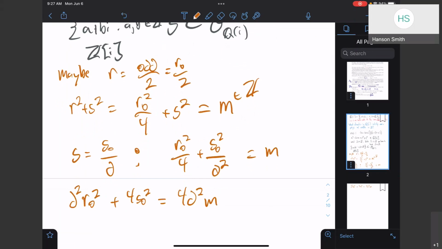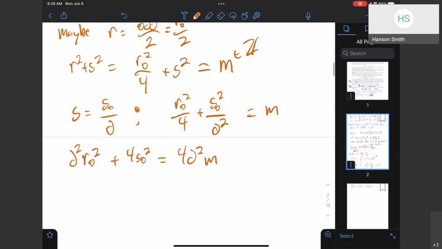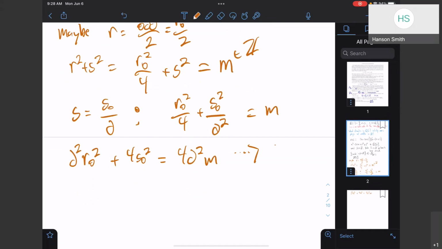So I know r naught is odd. So if I take this whole thing mod 4, I figure out that 4 needs to divide d squared. So 2 divides d. Now, if I take this thing mod d squared, I figure out that d squared divides 4 s naught squared.